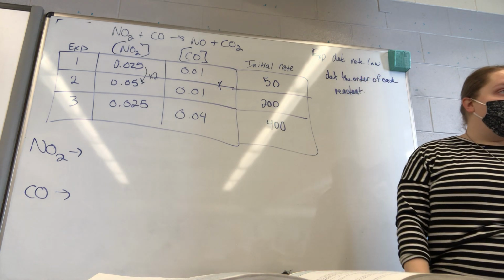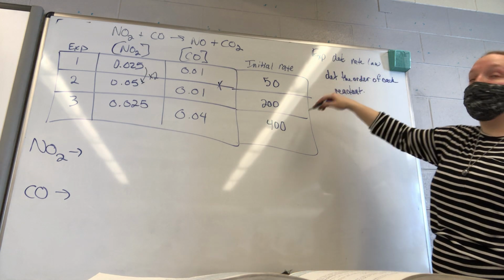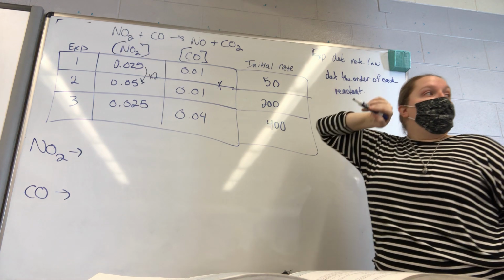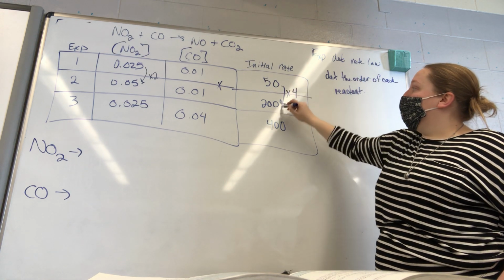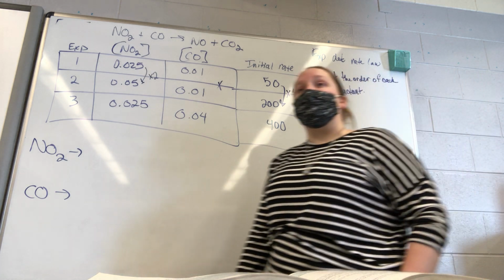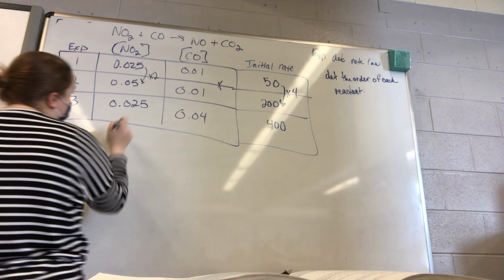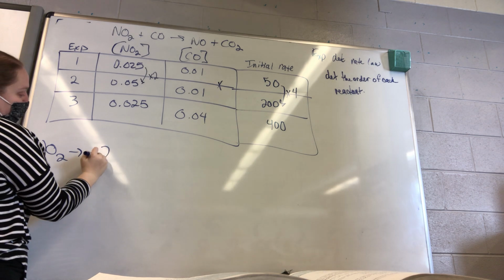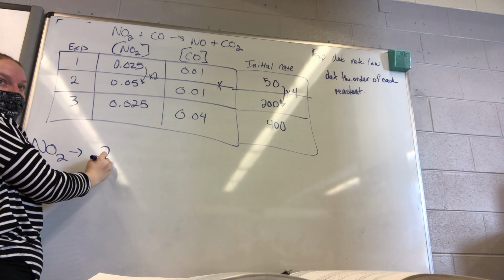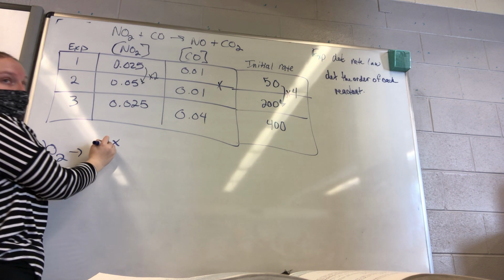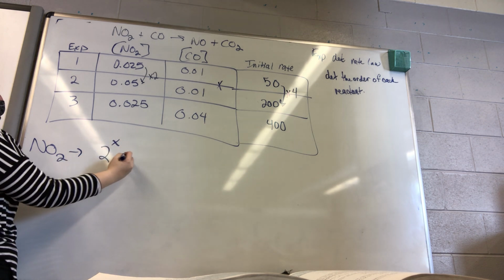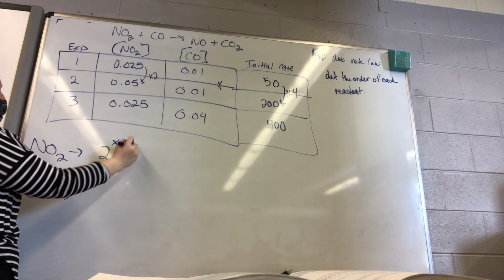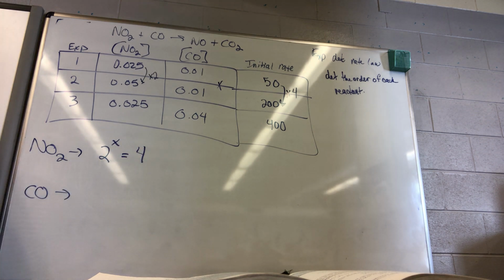That's what we wanted. Next thing is to look at how our rate changes. It goes up by 4. So in trying to figure out what the order of the reaction is, we set the factor the concentration changes, to some number, the exponent, the order, if you will, equal to the factor the rate changes.